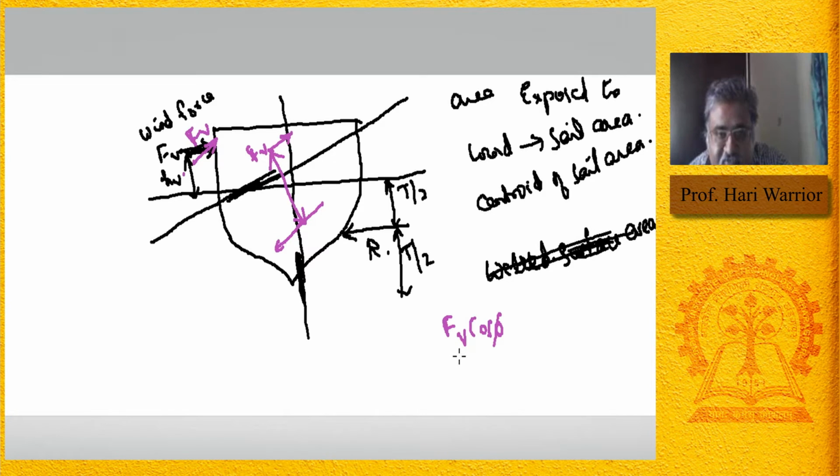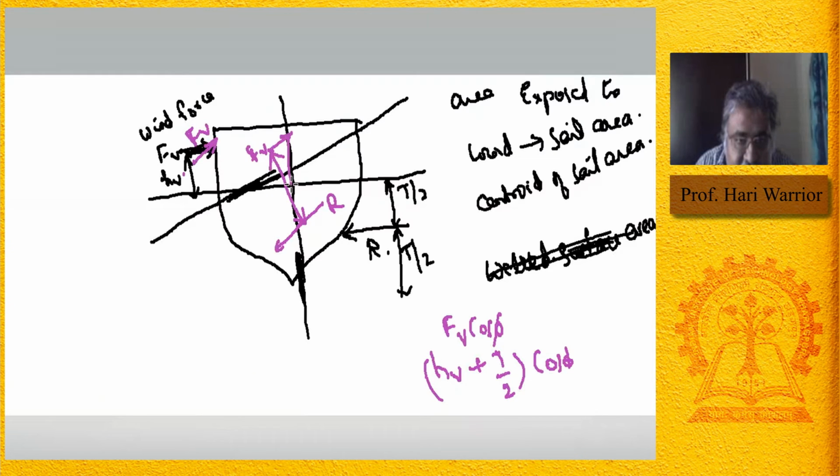So the force itself is Fv cos phi, and the distance between the wind force Fv and the reaction force from the water is hv plus T by 2, cos phi. This distance is hv, this distance is T by 2, so this distance is hv plus T by 2.